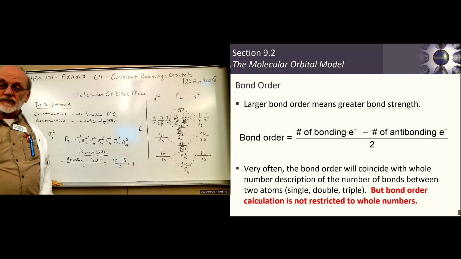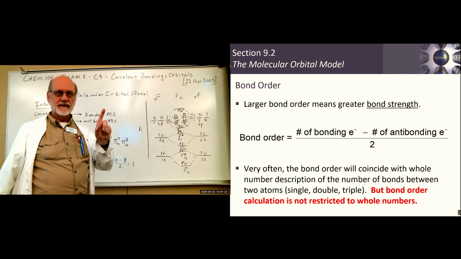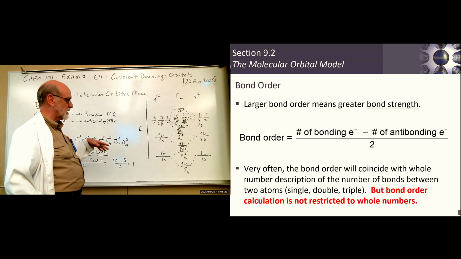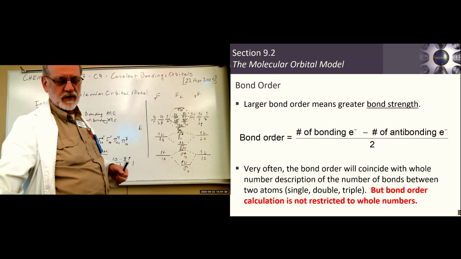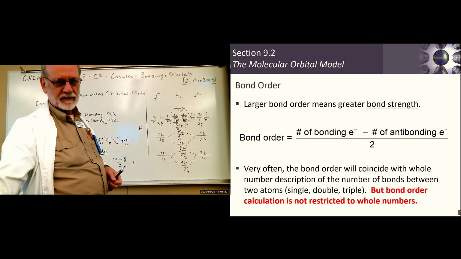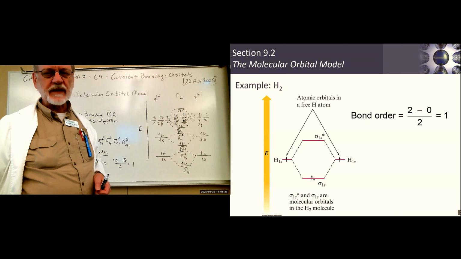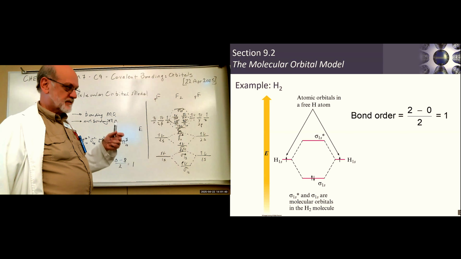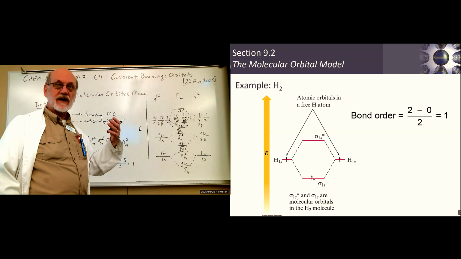So the bond order for this molecule, the difluorine, is 1, which coincides with what we know from the localized electron model as a single bond. Sometimes they agree and sometimes they don't. Okay. If we did the same thing for hydrogen, we'd come out with a bond order of 1 because it's 2 bonding electrons minus no anti-bonding divided by 2 is 1.